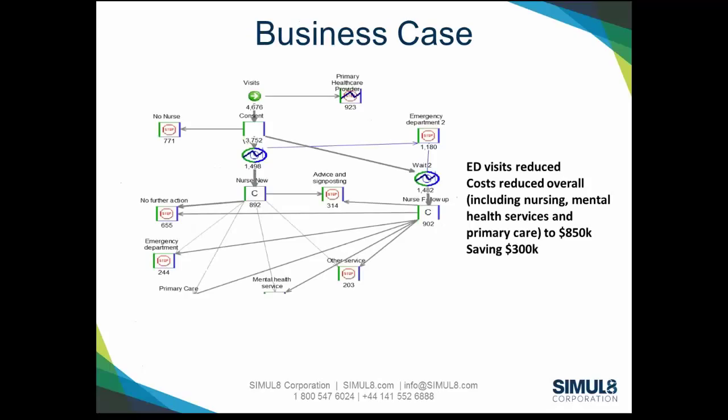So here's our process flow of looking at introducing a nurse, and you can see that we've now got fewer visits to the emergency department. We have got some people going into the emergency department as a result of seeing the nurse because they needed to go, and we were able to reduce the cost, which is including the new cost of nursing and any ongoing referrals to mental health services and primary care, by about $300,000.